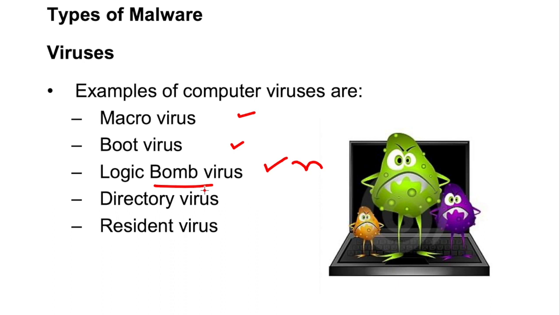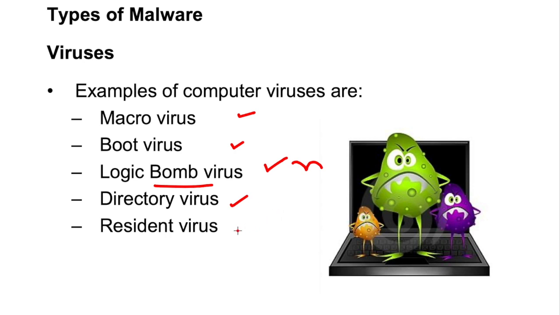It may restart your computer or shut it down or do other things. The directory virus can infect the directory of your computer and may disorient the files present in your system. For example, if you have stored a file in the C drive, you may not be able to find it in the C drive, or your directory locations could be shuffled.